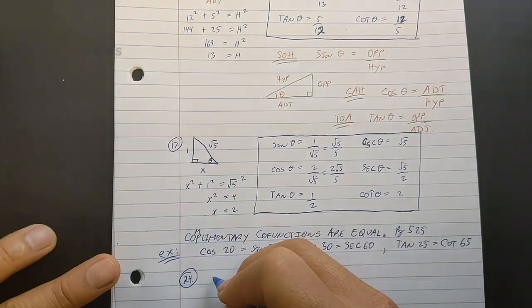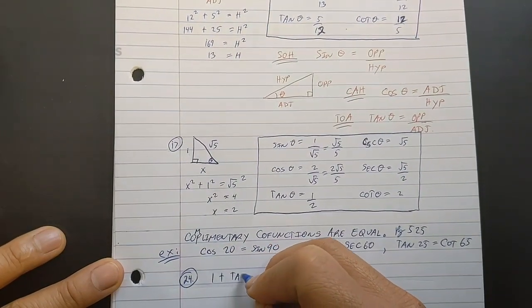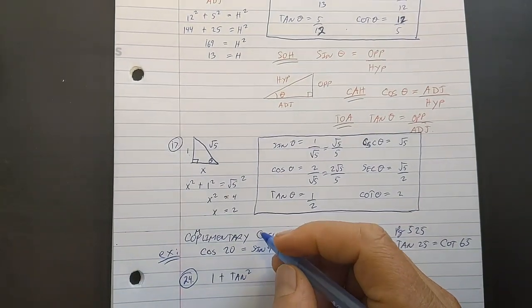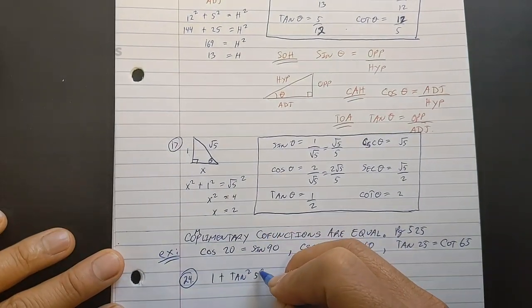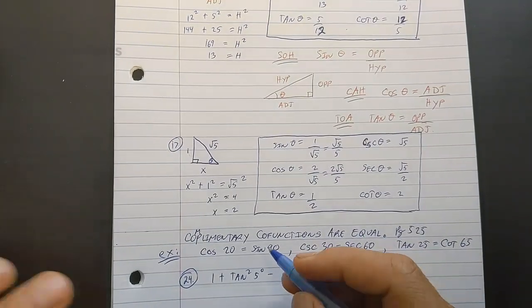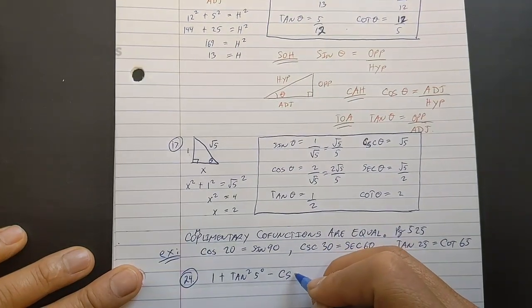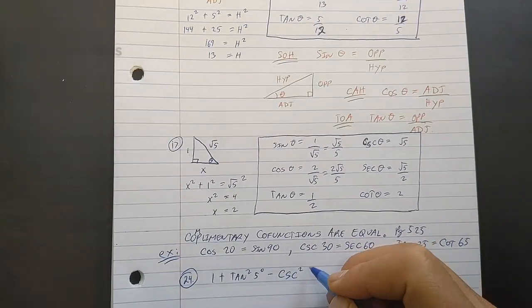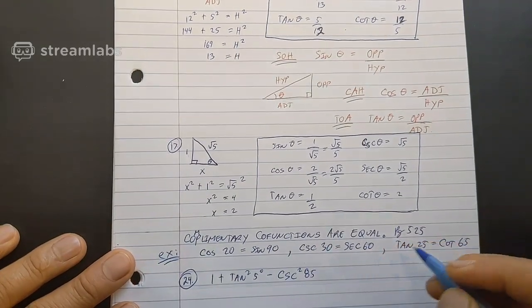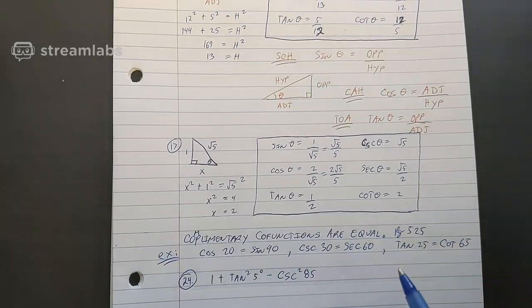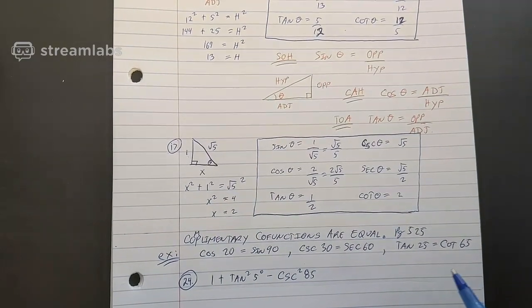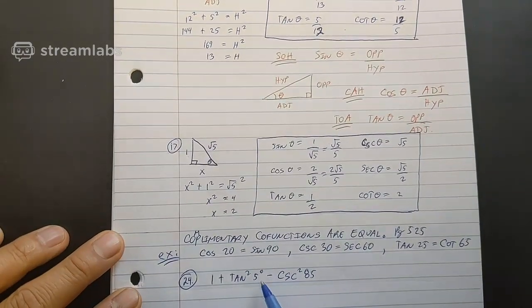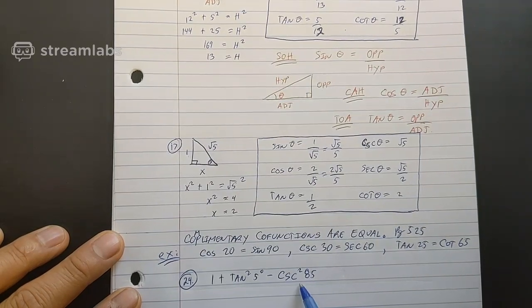Here we go. 1 plus tangent squared 85 minus cosecant squared 85. Oh no, cosecant is secant.